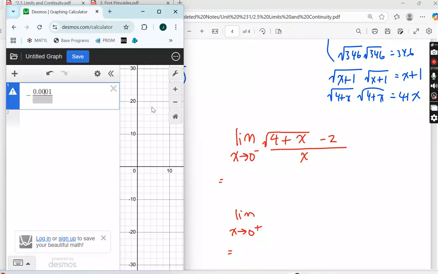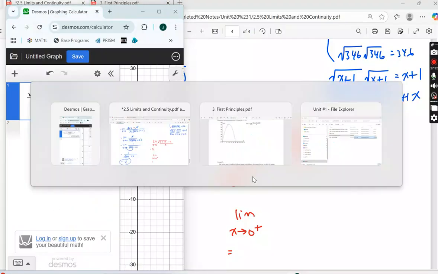So numerator, that should say square root of 4 plus negative 0.0001 minus 2 over negative 0.0001, giving me a value of 0.25.